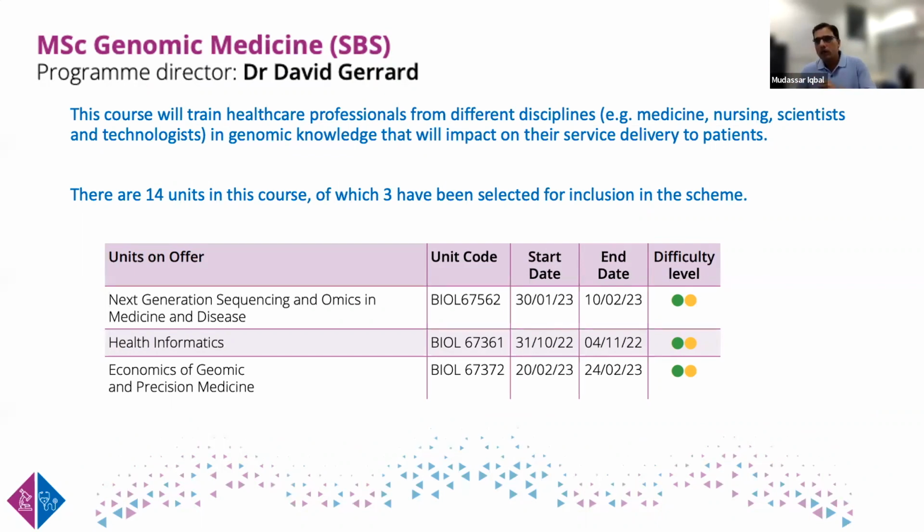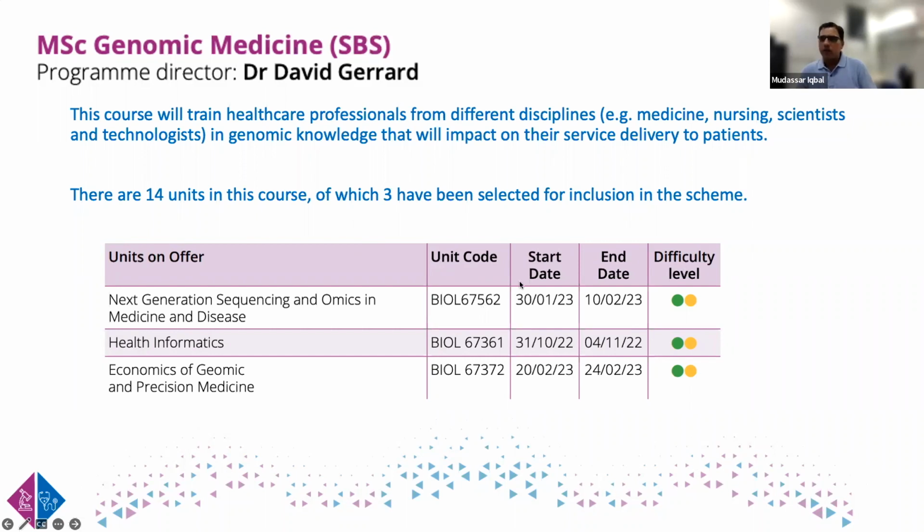The courses available include Next-Gen Sequencing and Omics in Medicine and Disease, which covers NGS methods, not limited to but including genotyping, and looking at different types of genetic variation and their applications in a clinical genomic setting. There's also significant discussion of other omics, which support the diagnostics, within the overall focus of the course.